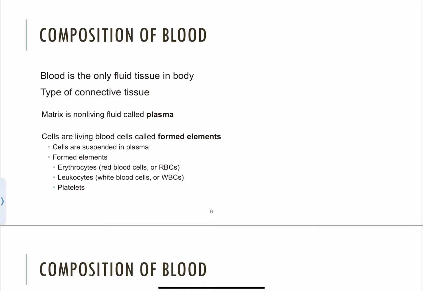But blood was a little bit unique in that it was the only fluid tissue that we actually have in our body. But it's still a connective tissue, which means that we still have our matrix and we still have cells and we still have kind of like a fiber that's present in this connective tissue. The matrix is going to be, again, fluid, and that's going to be what we refer to as plasma.